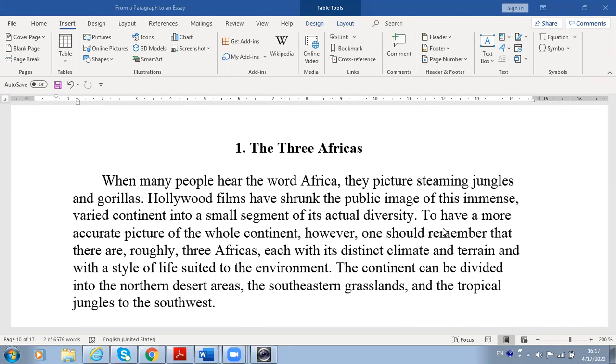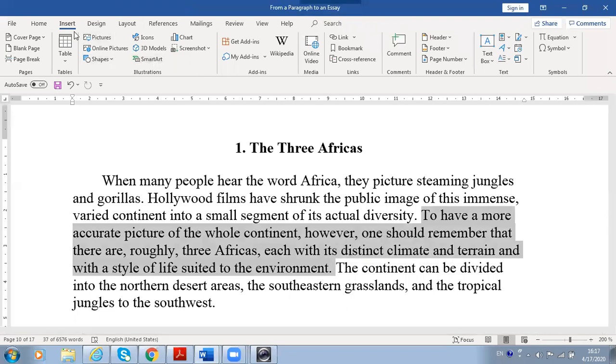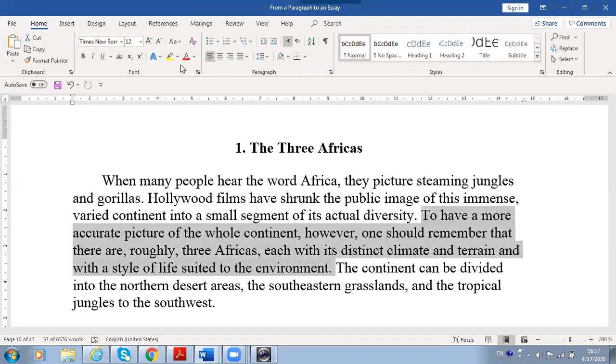I think, to have a more accurate picture of the whole continent, however, one should remember there are roughly 3 Africas, each with its distinct climate and terrain, and with a style of life suited to the environment. That's right. So this is the thesis statement.